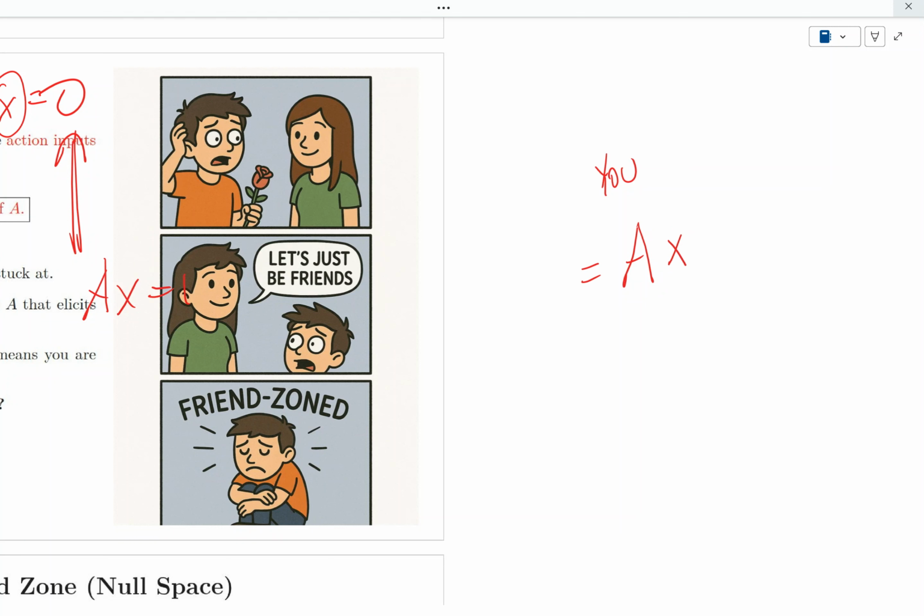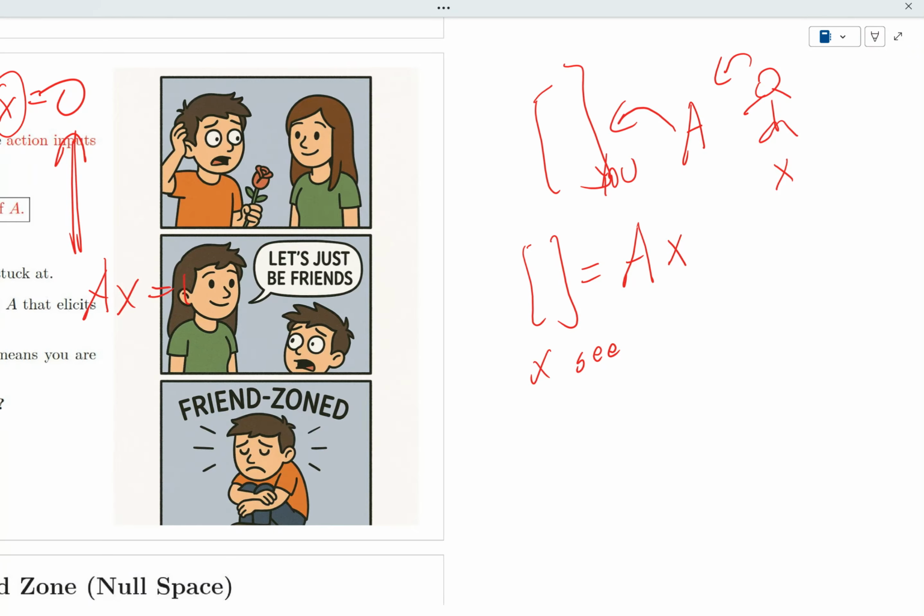Instead of how you feel towards whoever is doing X, the output is interpreted as what X can see about you. So you have a person, they do some kind of X action, and then there's you, and this is what you show them. Therefore, the null space is the set of actions they do, and you show them nothing.